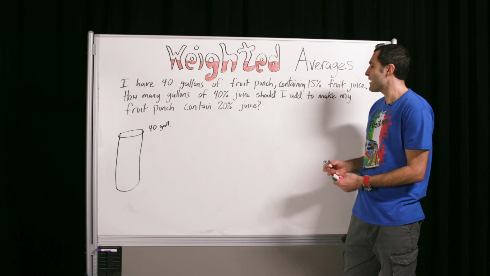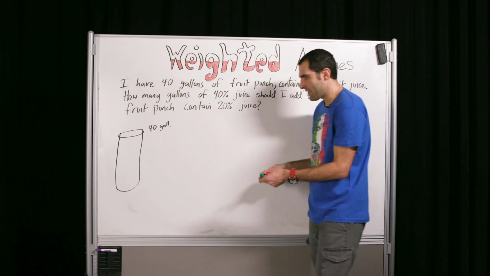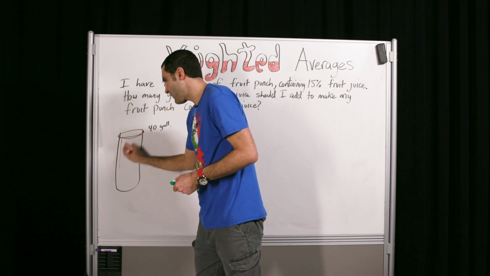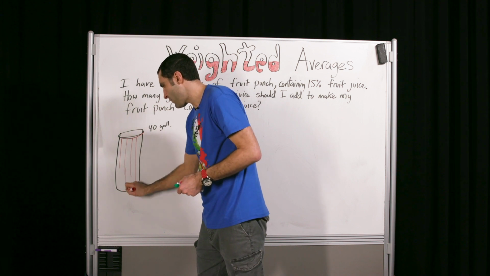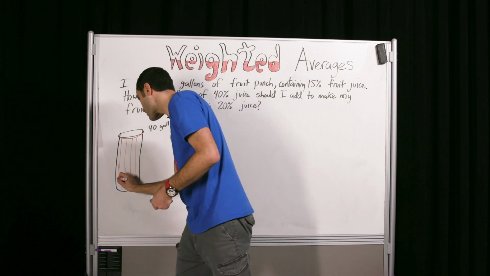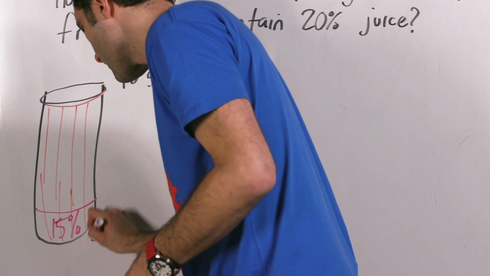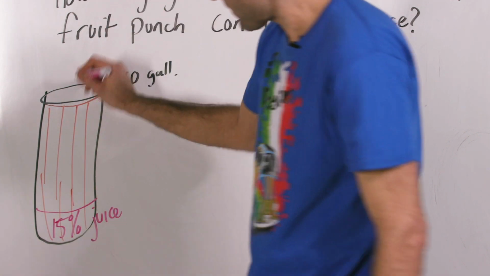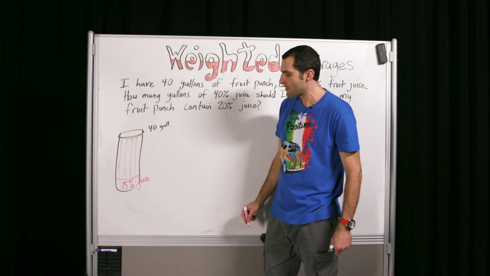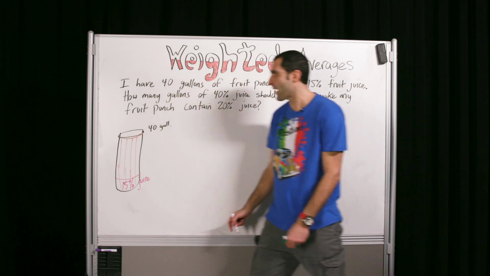And then within this mix, the full thing is filled all the way to the top, and within it is 15% actual juice. The rest might be water or filler or sugar or color or things like that. But there's actual 15% fruit juice in this 40-gallon mixture.